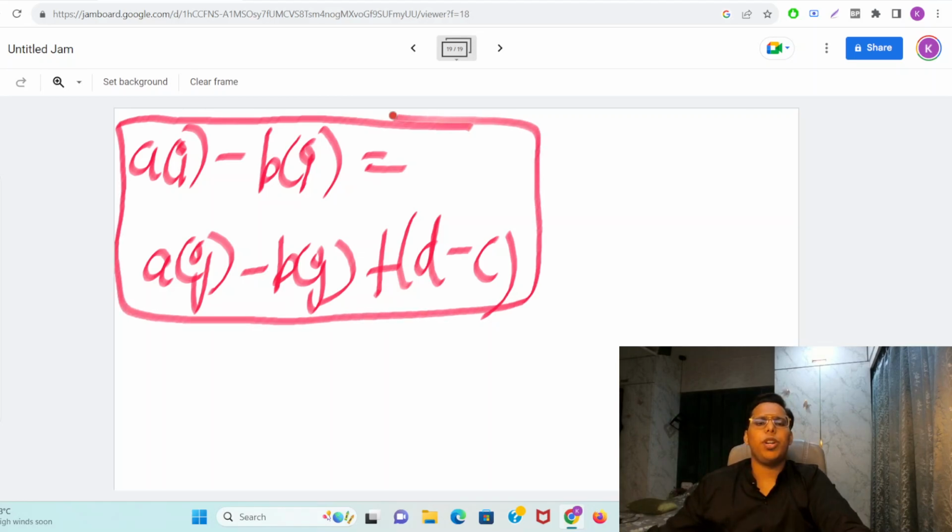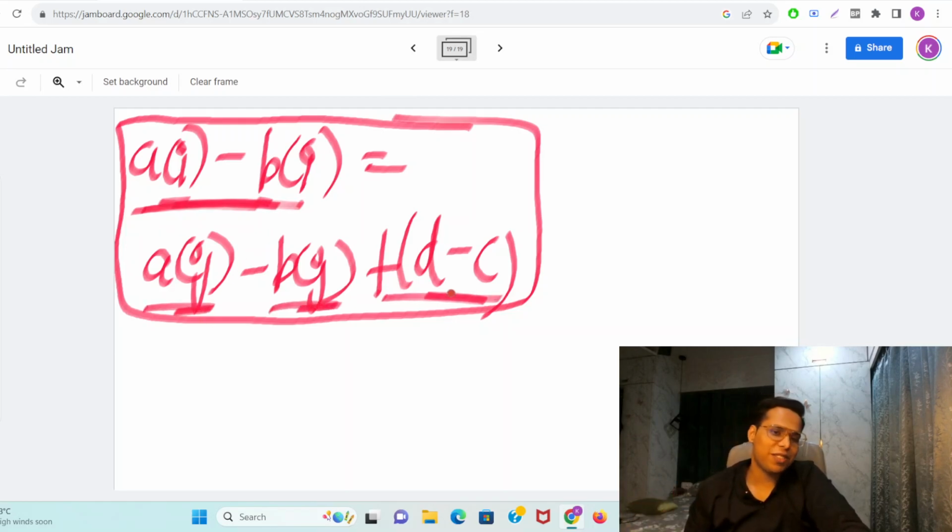We want this condition to be true. We want that AI minus BI becomes equal to AJ minus BJ plus D minus C. It is common sense, right?